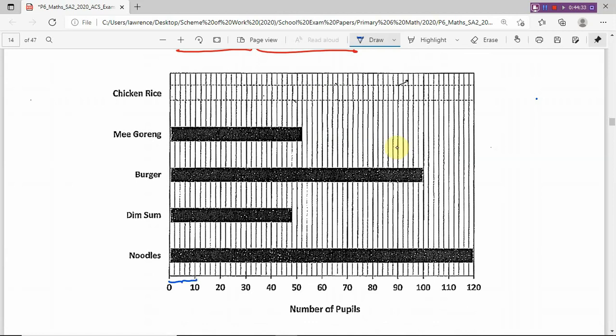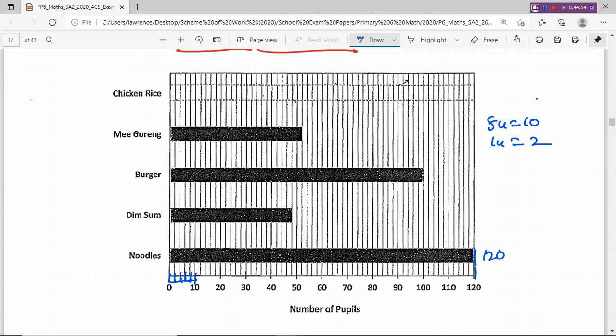And how do you count the 5 gaps? You don't count from 0. You count from the next line: 1, 2, 3, 4, 5. And that's how you get 5 units for 10, so one gap is 10 divided by 5. Then you look at the line graph, and I think this is pointing at 120.